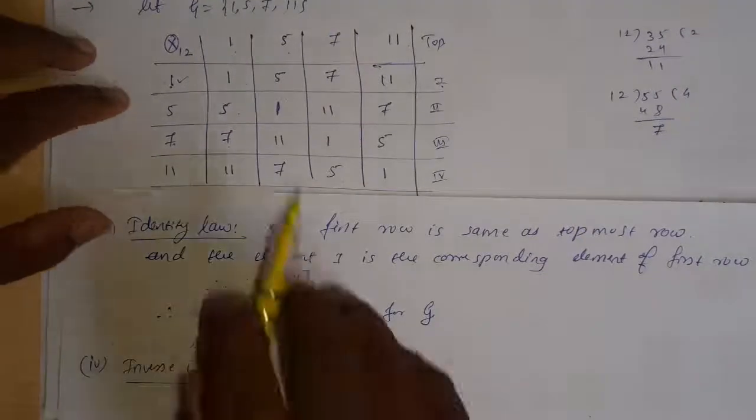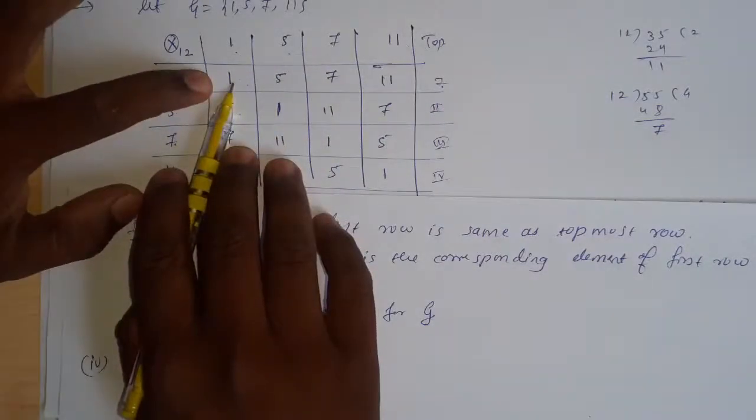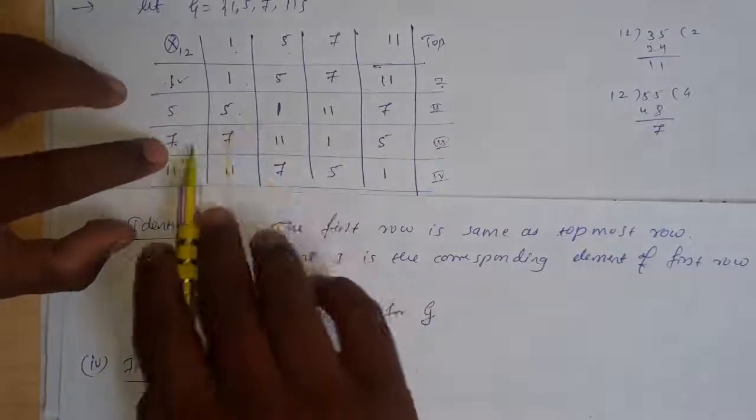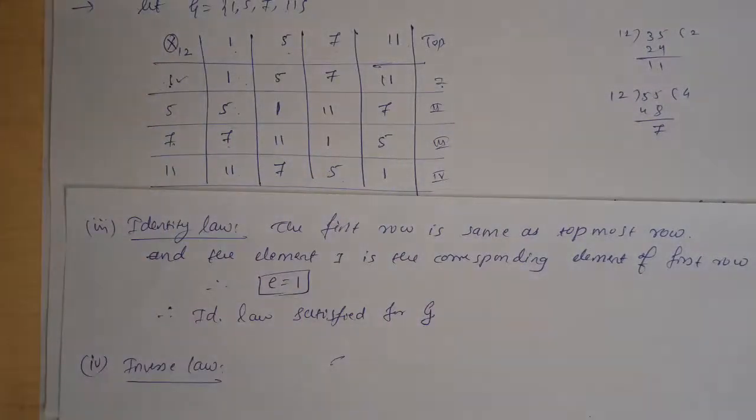In the first row we have the identity element 1, then in the second row also we have 1, third row also 1, fourth row also 1, means in each row we have the identity element. If there exists an identity element in each row, it implies that there exists an inverse for each and every element of the given set. Then how to find the inverse of the elements?